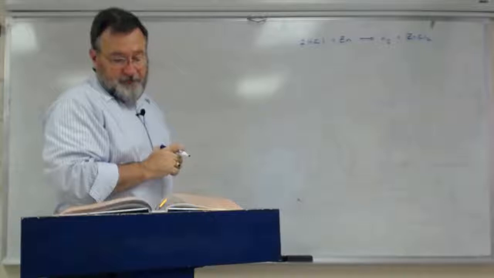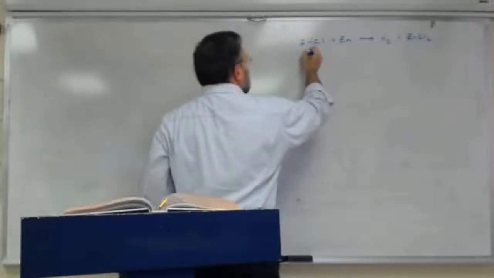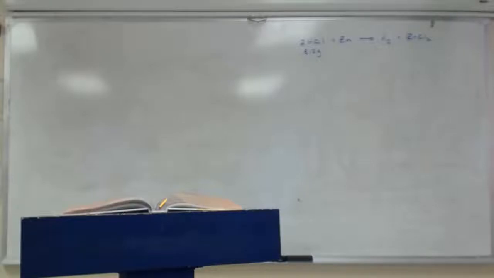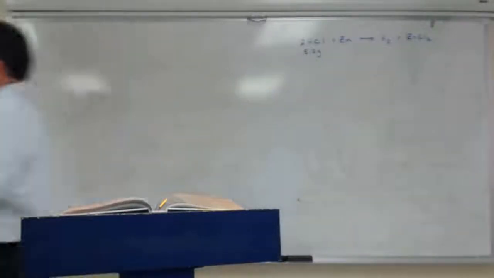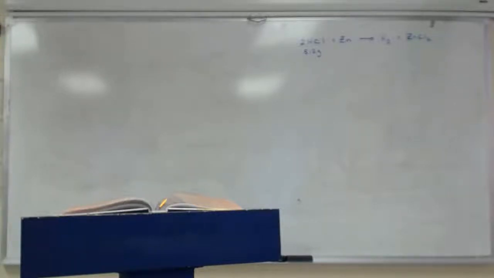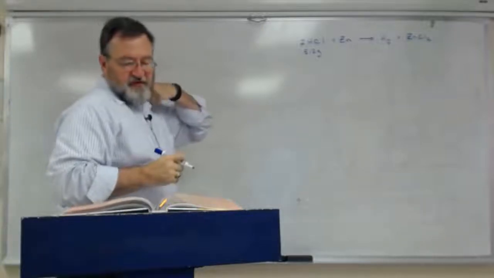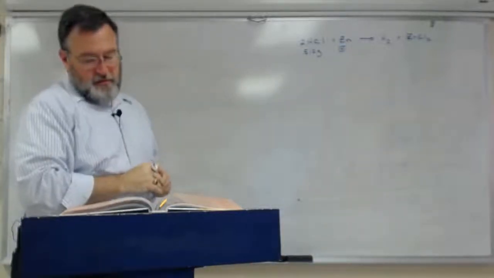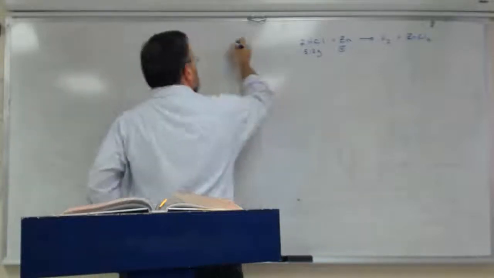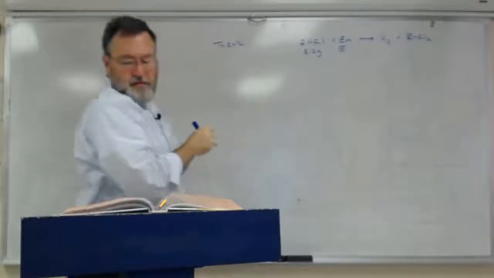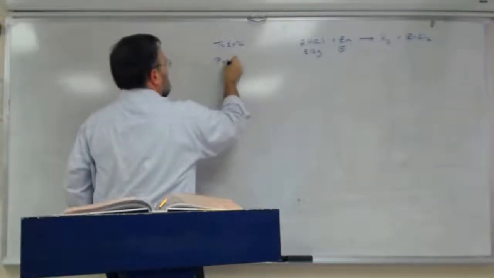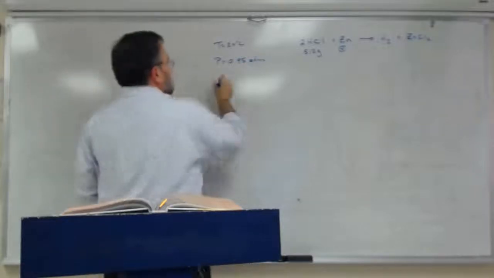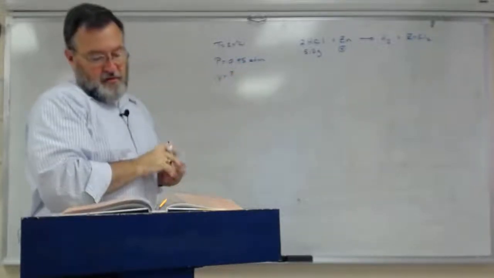And it says if 512 grams of hydrochloric acid are reacted with excess zinc, at a temperature of 24 degrees Celsius and a pressure of 0.95 atmospheres, what is the volume of the gas that will be produced?